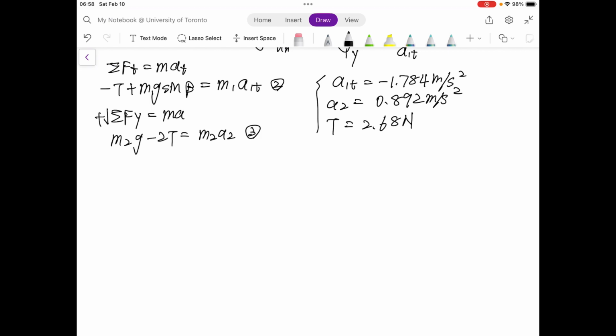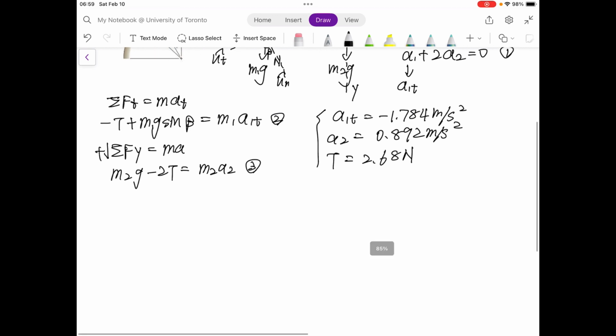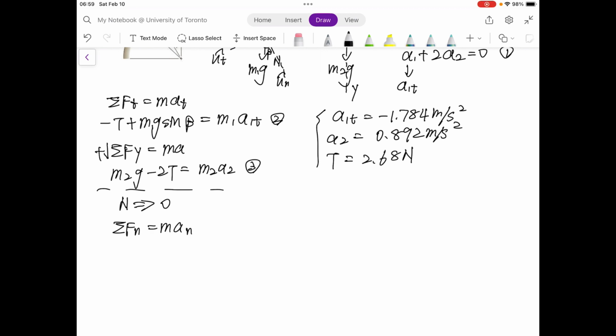When we need to find the maximum speed of m2, we will see the support from the path is equal to 0 when the velocity reaches its maximum value. So we have N reaches 0. So we have the force in the normal direction is equal to m a normal.